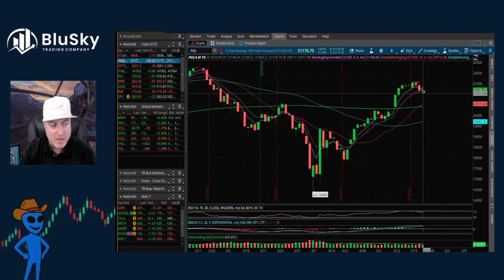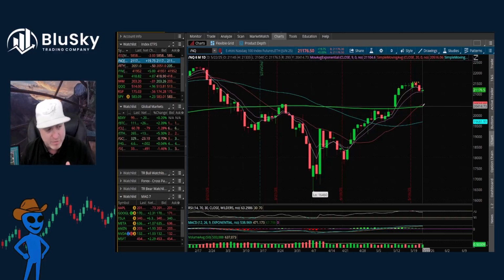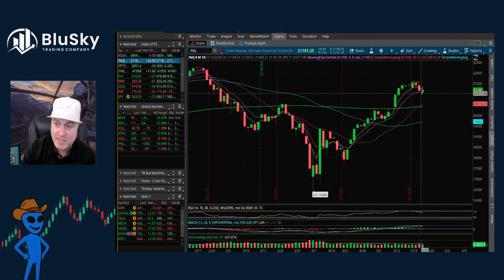Underneath this 2100 zone, you have a little bit more room to run down. And so the one thing I would say, if you're looking at the ES versus the NQ and you're trading this pullback down to the downside, i.e. shorting this pullback here, well, I honestly would think of the NASDAQ here underneath the low of today a little bit more than I would the ES.